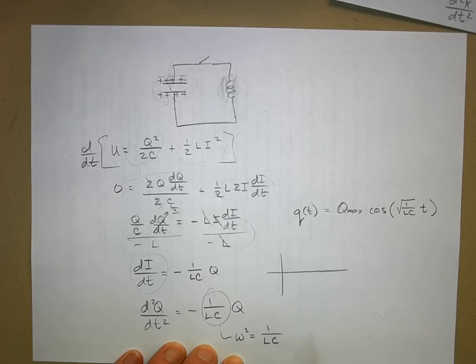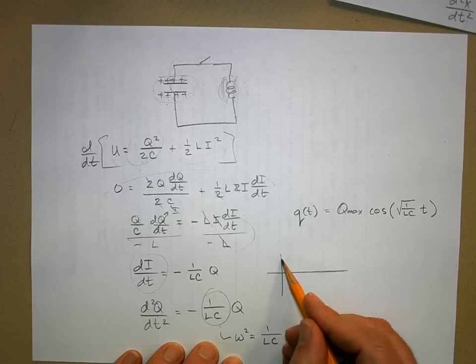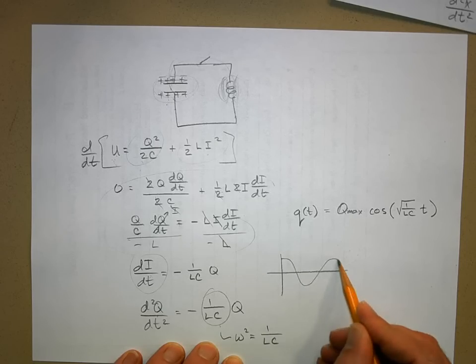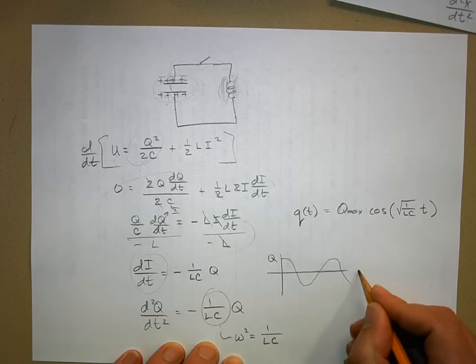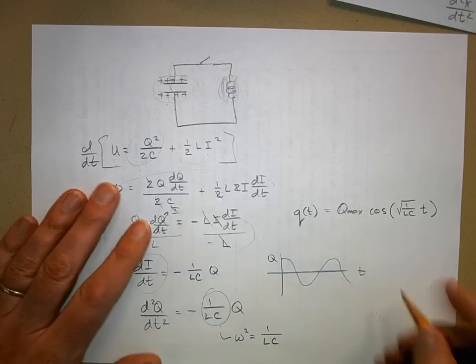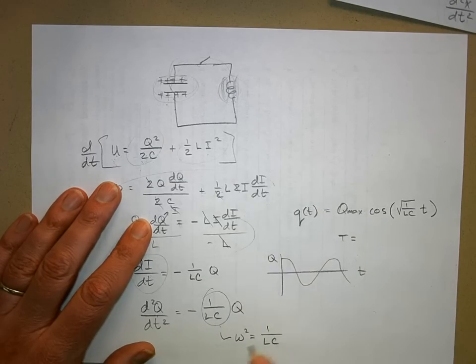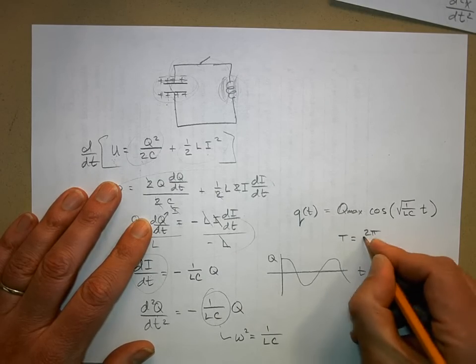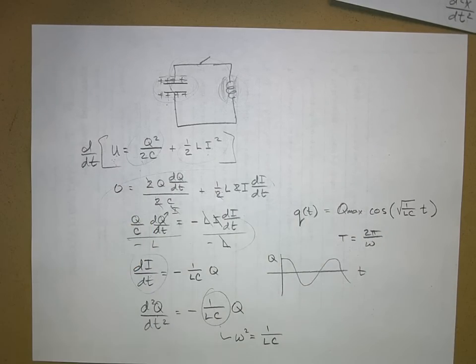And so it'll look something like this, right? If this is cosine, it'll look something like this. So this is the charge on the capacitor, and this is time. Well, how much time? We can figure out the period, right? What is the period? The period is equal to 2 pi over the angular frequency. That's the time to complete one oscillation.